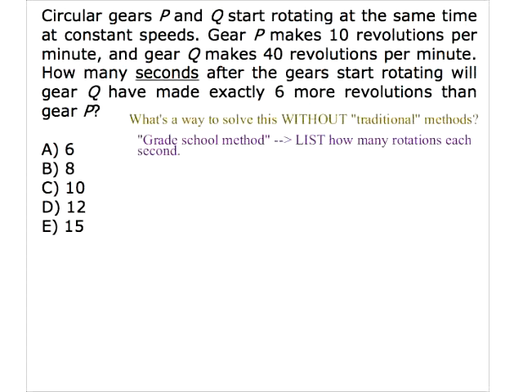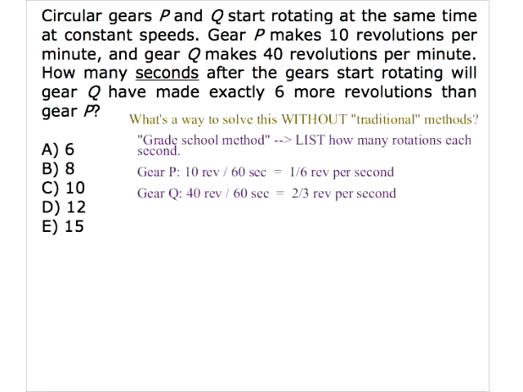So gear P goes 10 revolutions per 60 seconds. So that's 1/6 revolution per second. And then gear Q goes 40 revolutions in 60 seconds. So that's 4/6, which is 2/3 of a revolution in every second. Because you don't have to go more than 15 seconds here. In fact, you don't have to go more than 12 seconds.